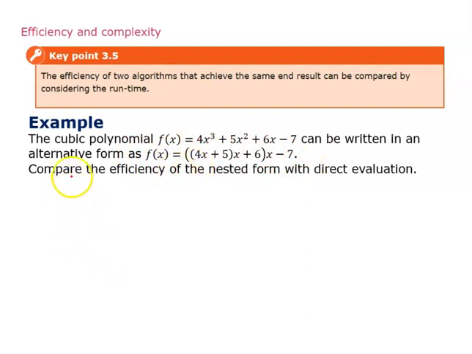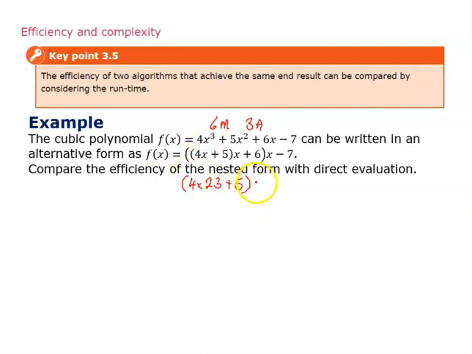But notice it says compare the efficiency of these two. So we'd already, I think, worked out that this had 6 multiplications and it had 3 additions. So I'm just wondering if that is the same as that, what's this got? Now, imagine I had my 23 again, and I put this in, I'd have 4 times 23 plus a 5.